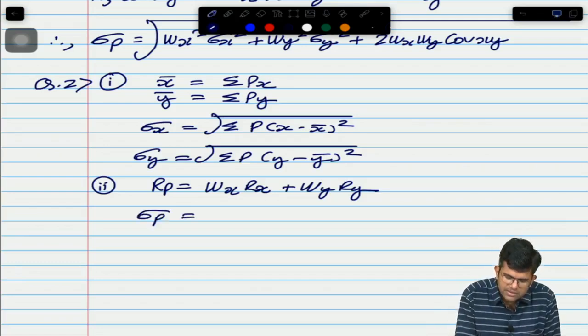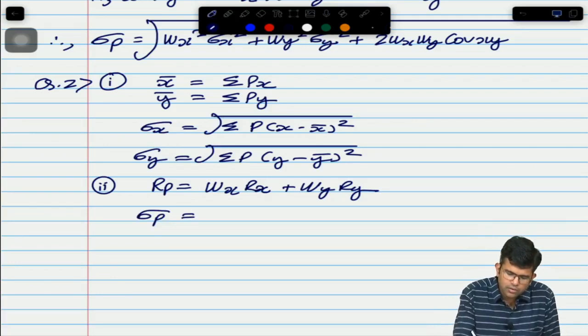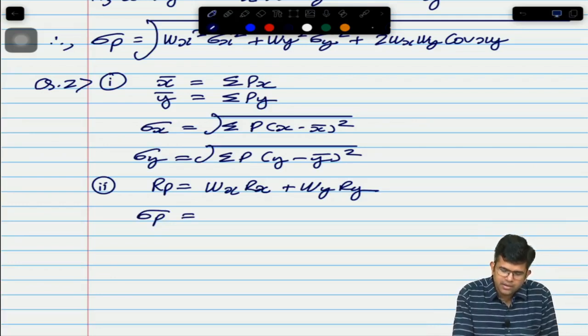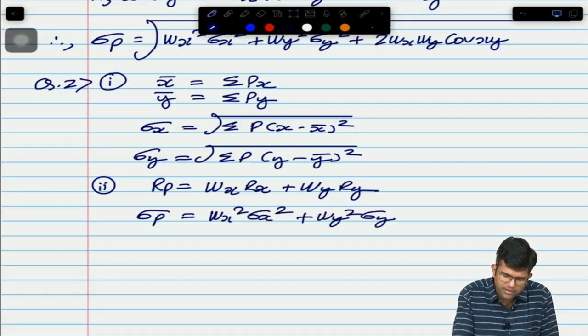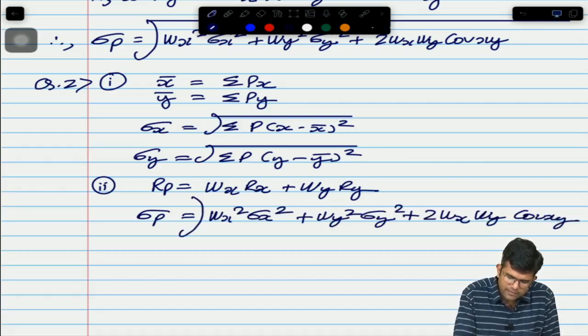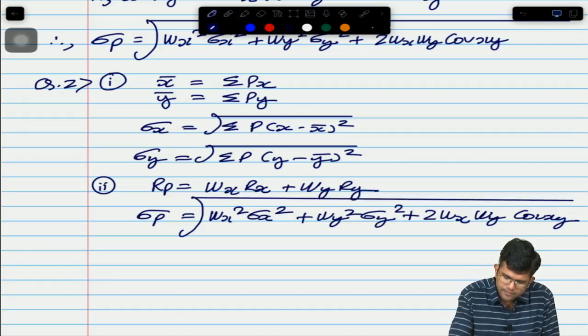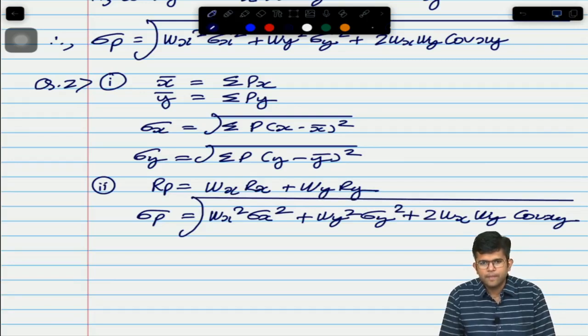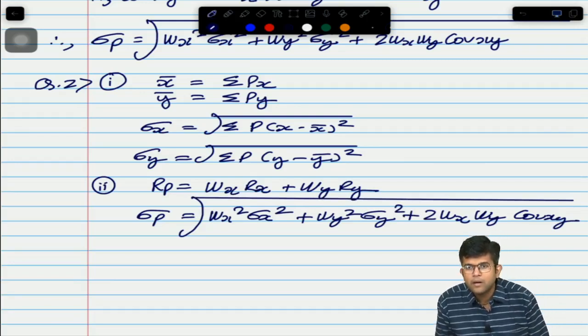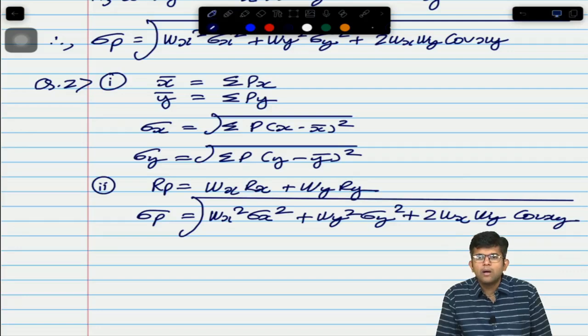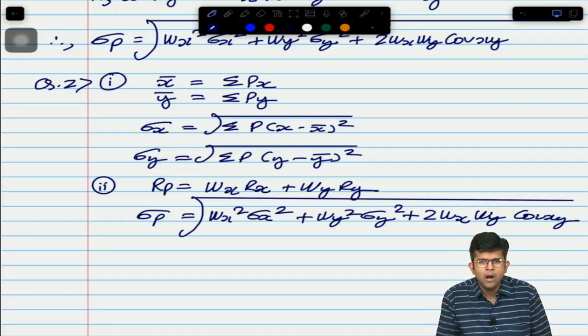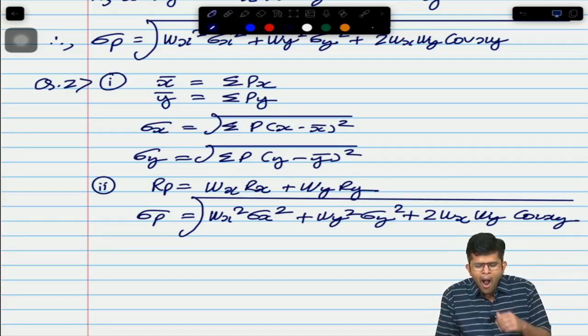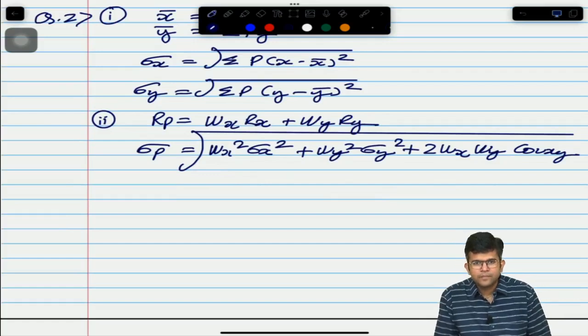And sigma P is equal to, students, sigma P, can I say will be Wx square sigma x square plus Wy square sigma y square plus 2 Wx Wy covariance xy, the whole under root. All done.